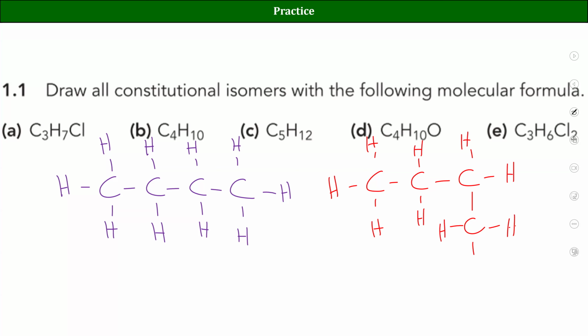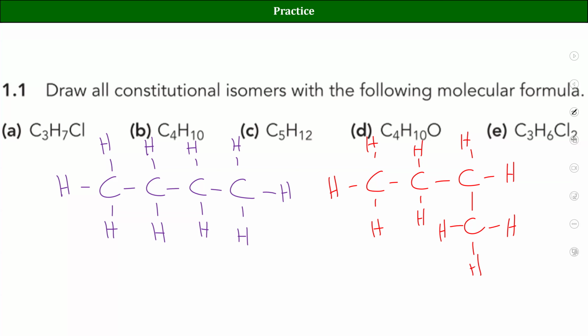It's the red one, constitutional isomer. Wait, well, no, because it's not like a branch. For it to be a branch, it has to be in the middle. Right, we said that putting the chlorine sticking straight to the right or sticking down was the same because it can rotate, right?